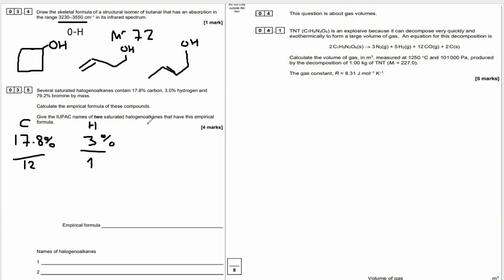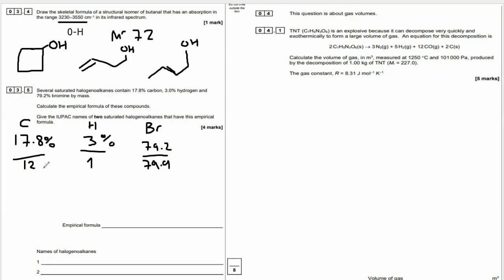It's good to label these so you know what you're doing. And then we've got the bromine, 79.2 of bromine. I've got to look in my periodic table. What is the Ar of bromine? Pretty much 1 to 1 here, 79.9.